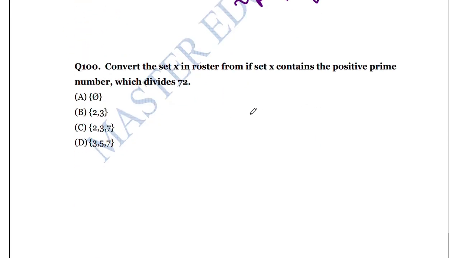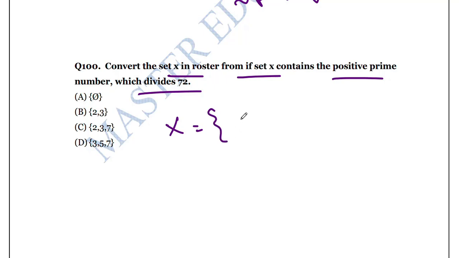Convert the set X to roster form. Set X contains the positive prime numbers which divide 72. They are telling that this set X contains positive primes, so null won't be there.